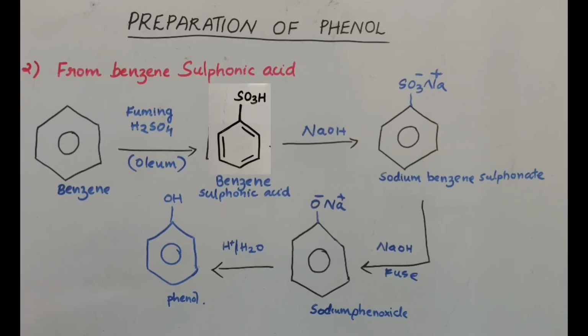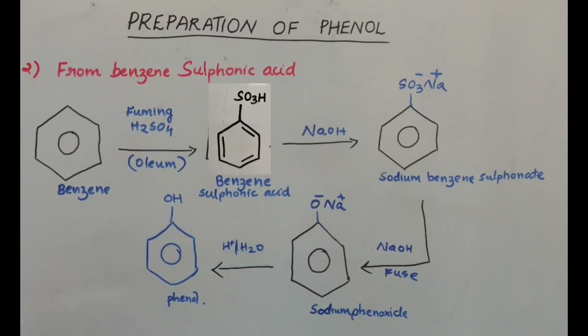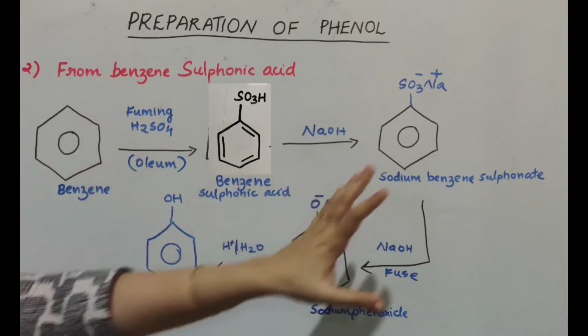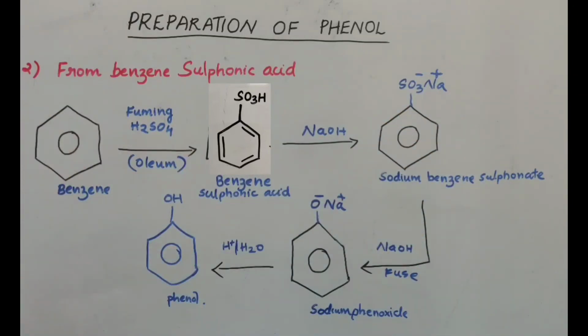Firstly we treat with fuming H2SO4 for sulfonation to get benzene sulfonic acid. Then it is heated with molten NaOH to get sodium phenoxide. Firstly we get sodium benzene sulfonate, and with prolonged fusing with molten NaOH, we get sodium phenoxide. The final step is the acidification of sodium phenoxide, giving phenol as the product.